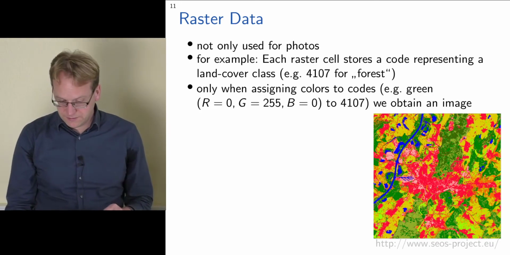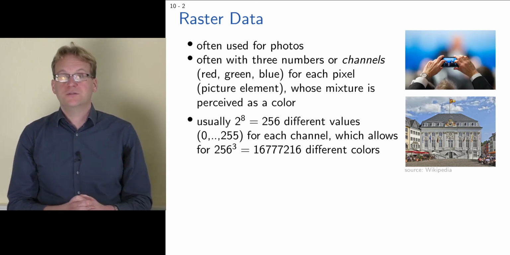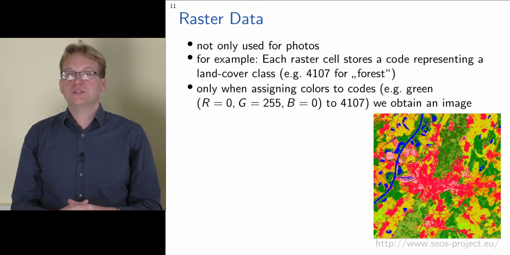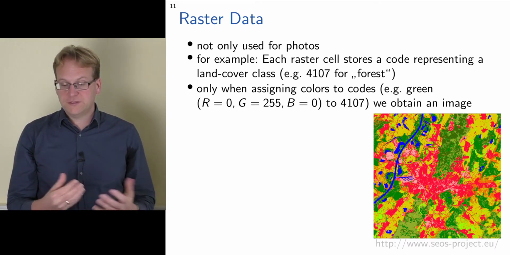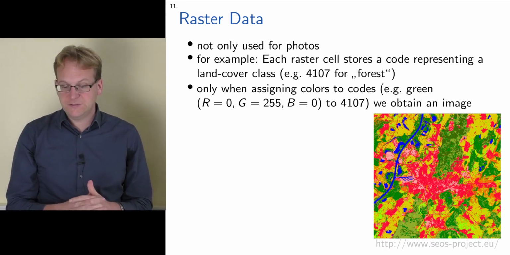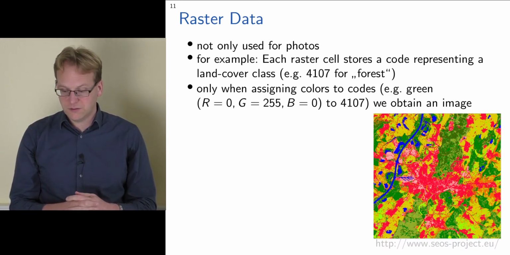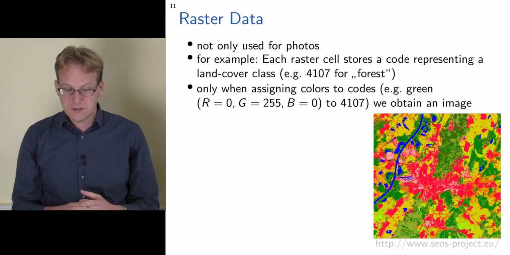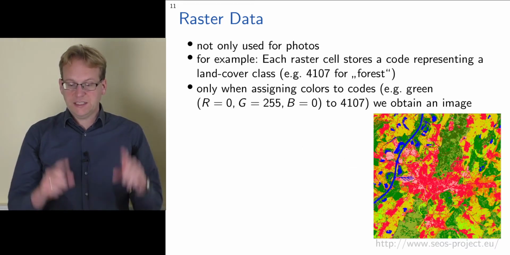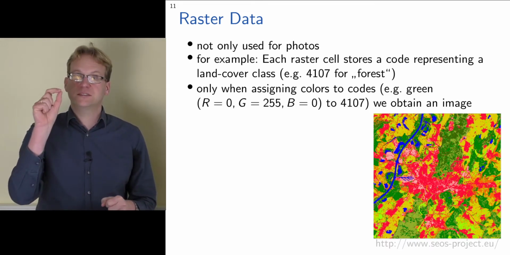I should say that raster data is not only used for photos, especially in geographic information systems. You may think of raster data, for example, representing different classes of land cover or different classes of land use. So here in this example, let's say we have a matrix, and every matrix cell contains only a single number.